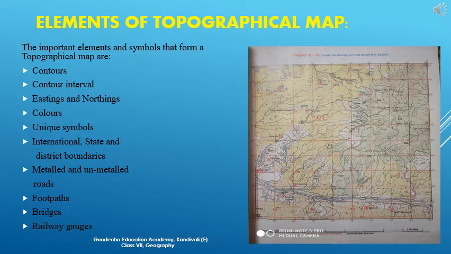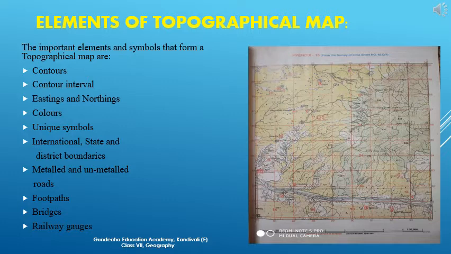Elements of topographical map. Every map has few basic elements like map title, map scale, direction, key or legend.